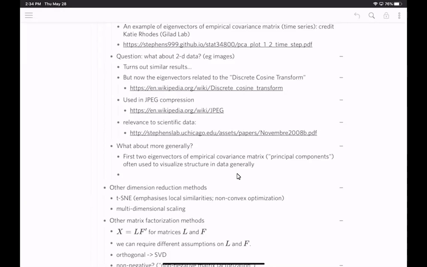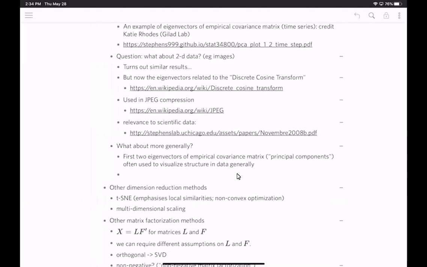The basic idea, at least for t-SNE and some of the other methods, is that it tries to put together in two-dimensional space the things that are very similar to one another, and it doesn't worry so much about the things that are very different from one another. So it doesn't really matter if A and B are very different, it doesn't worry too much about how far apart they are. But if A and B are very similar, it wants them to be very close together.